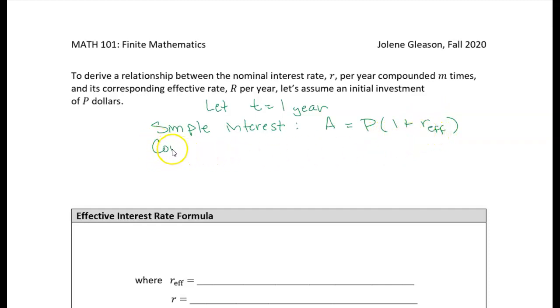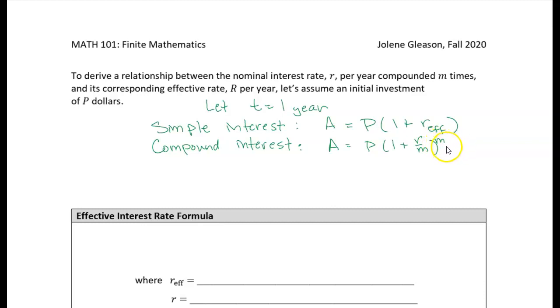And our compound interest formula is A is equal to P times 1 plus R over M to the MT, but T is 1.